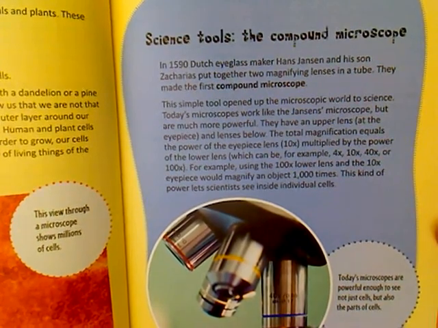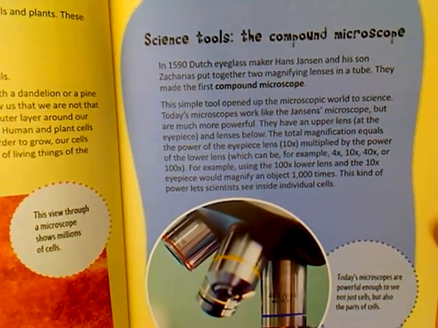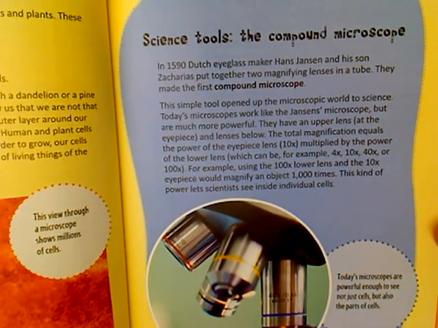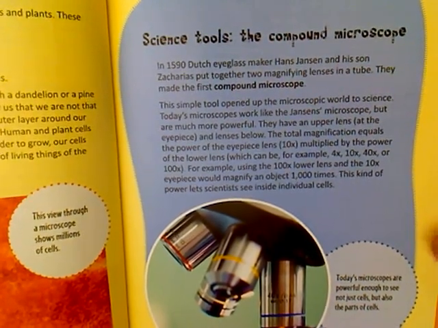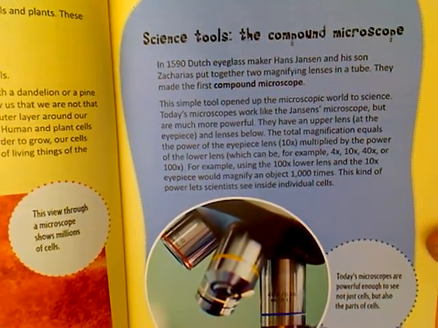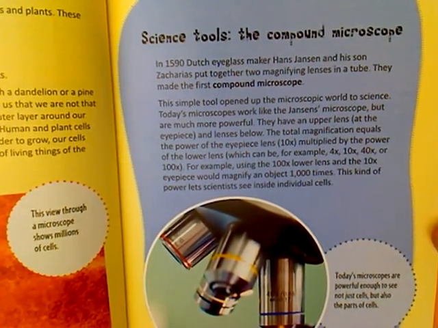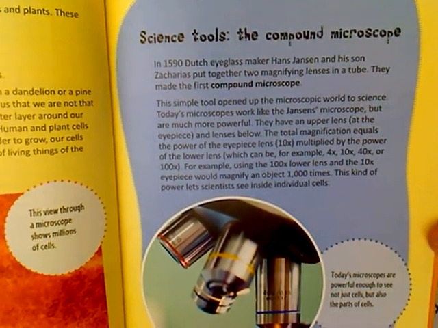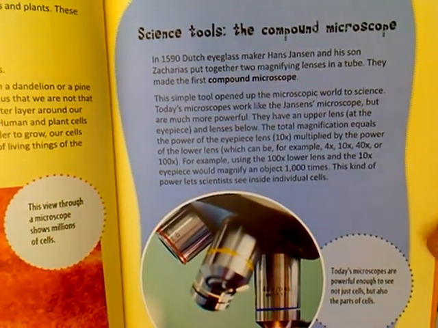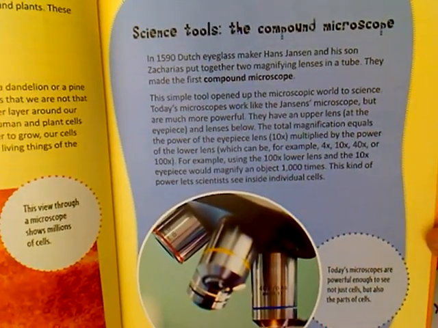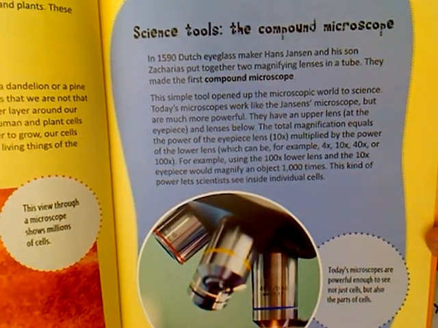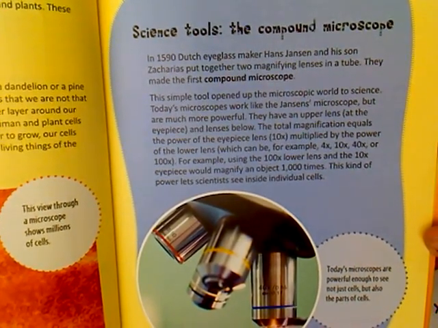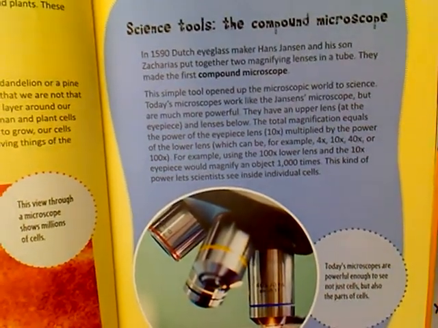The total magnification equals the power of the eyepiece lens, 10 times, multiplied by the power of the lower lens, which could be, for example, 4 times or 10 times or 40 times or 100 times. For example, using the 100 times lower lens and the 10 times eyepiece would magnify an object 1,000 times.